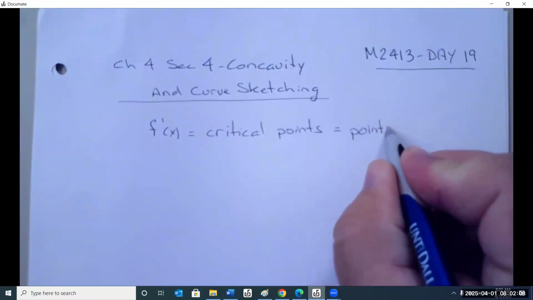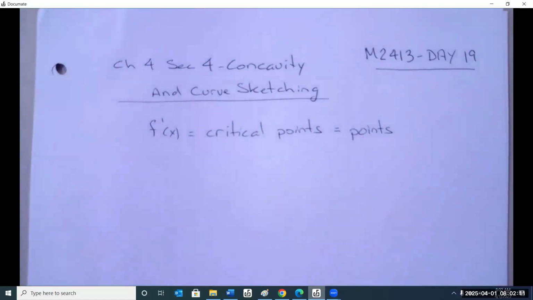No. Zeros are x-intercepts. This doesn't tell us x-intercepts. Yes. So what is an extrema?